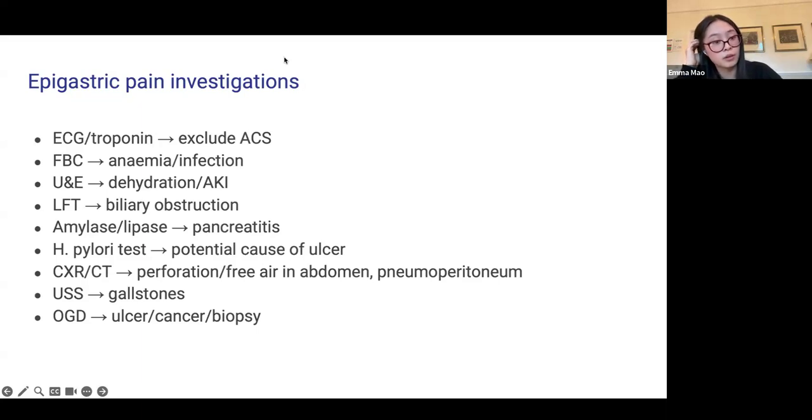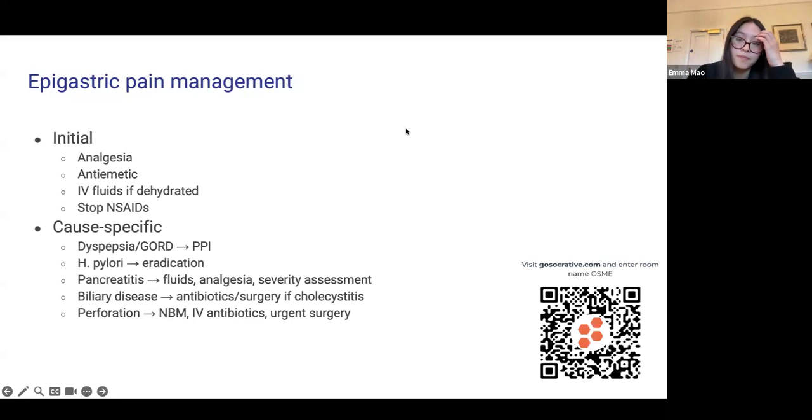H. pylori test is useful to search for a potential cause of peptic ulcer disease. Then chest X-ray and CT to look for any perforation or free air in the abdomen. And ultrasound scan for gallstones initially, and then OGD, a camera to directly visualize any potential malignancies or bleeding.